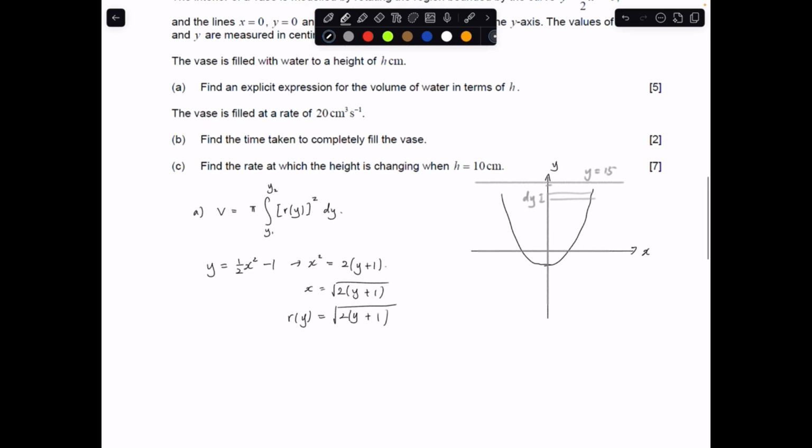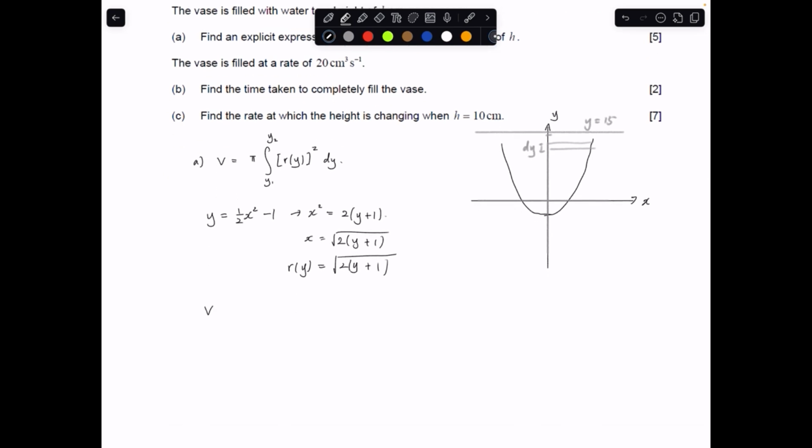And so our volume, in terms of h, is going to look like this. Pi, because it goes from a height of 0 to a total height of h, those are our limits of integration. And then we have the square root of 2 times (y plus 1), squared, dy.